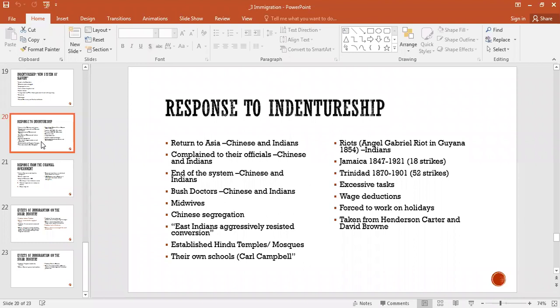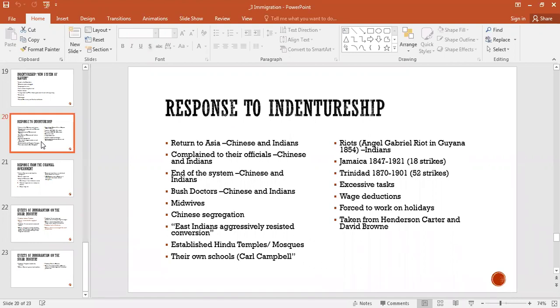They're going to complain to their officials there and say, listen, don't send any more Chinese to the Caribbean, because things are not looking good down there. Same thing for the Indians. And so the Chinese government and the Indian government are going to abolish the system of indentureship.